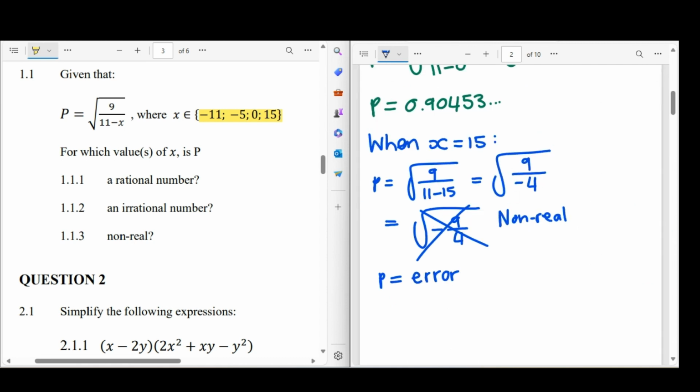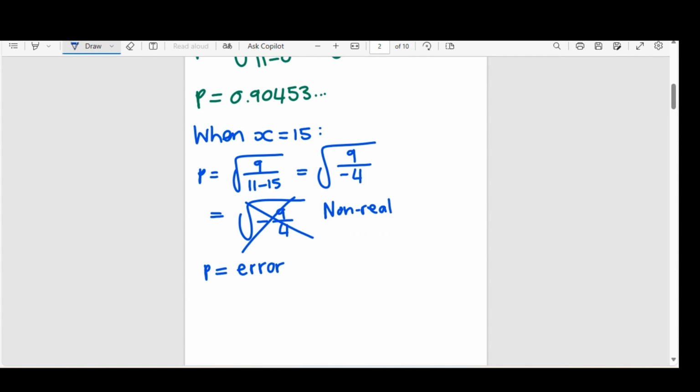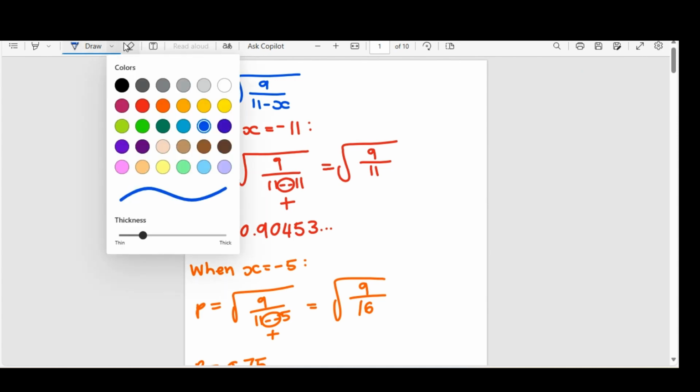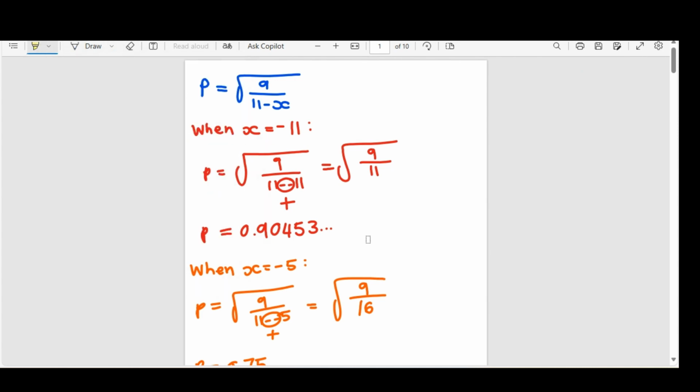So what we have then, if I make this a little bit bigger, we want to know which one is rational, which one is irrational, which one is non-real. If we look at the first one, when x is negative 11, we get this value for p. It just goes on forever. The decimal carries on forever. When that happens, that is our clue that it is an irrational number.